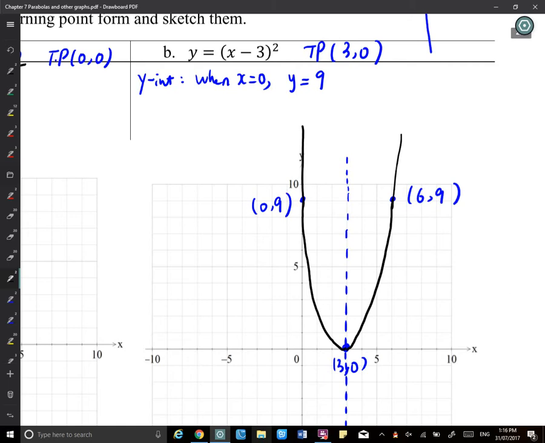Here there's only 1 x-intercept and it's the same as the turning point. I do have a y-intercept, so I have 2 points, and that is enough as well. On each graph, you need to label at least 2 points. So 2 points will make it a complete graph.